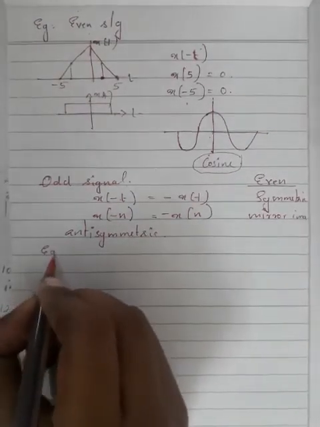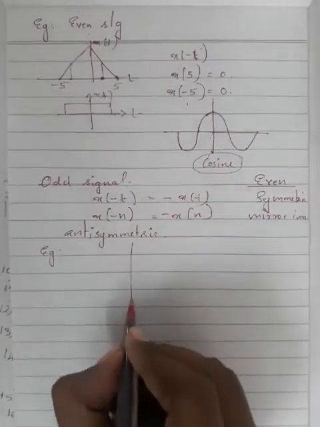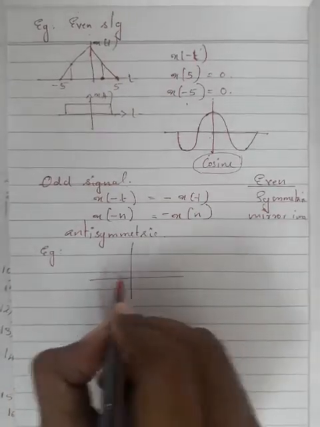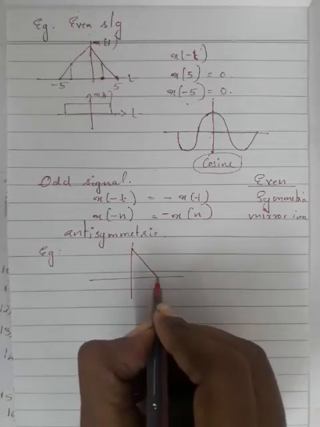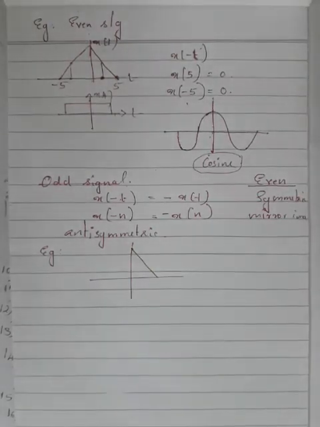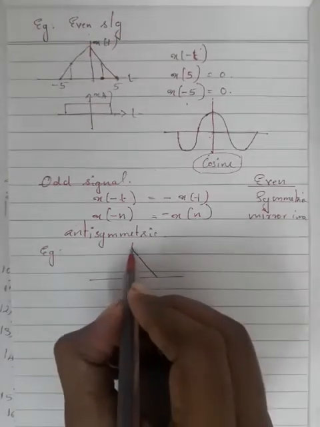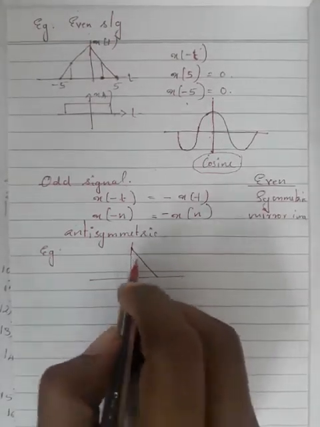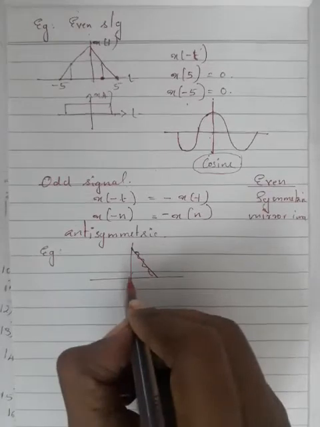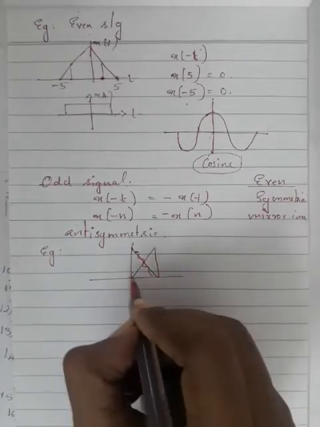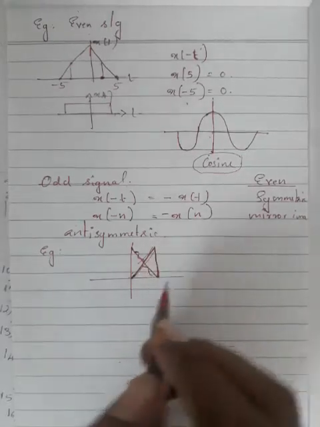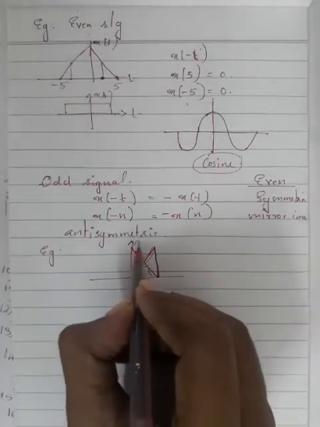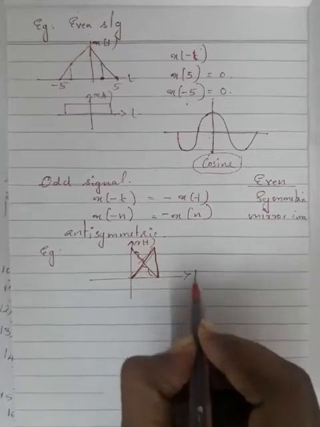For example, if we draw a signal like this, sorry, let's see it in another way. If the signal is like this, then this is x of t and this is t.